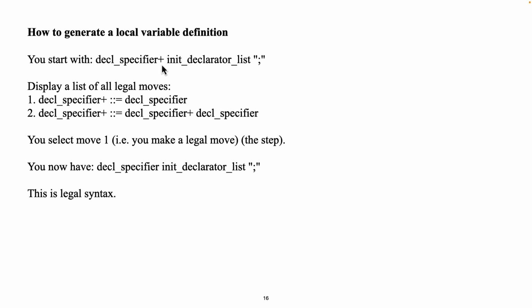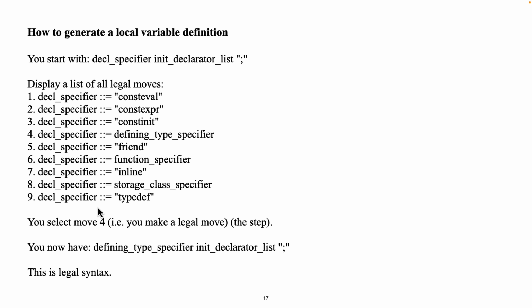A decl specifier plus can be replaced by one or more than one, and you choose 1. So decl specifier plus is replaced by decl specifier. You started with something legal, you end up with something legal. We're always legal at every stage of the process. Decl specifier has many different alternatives.